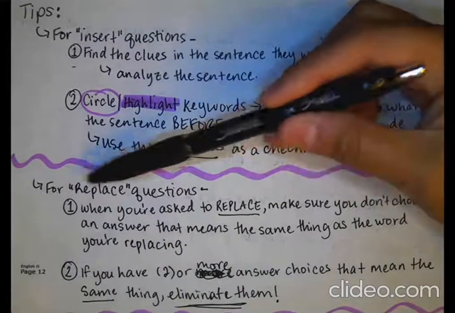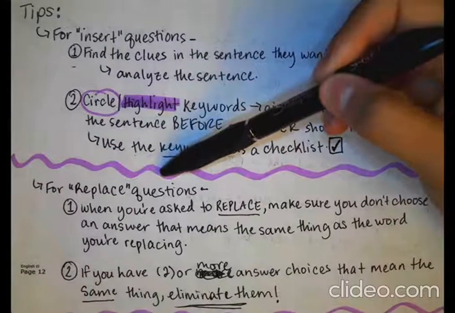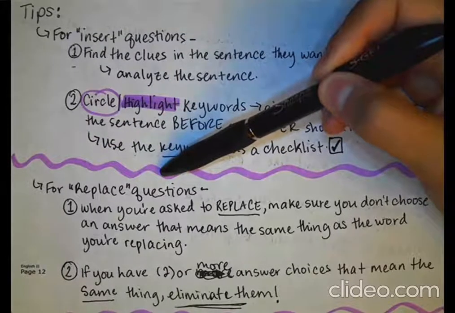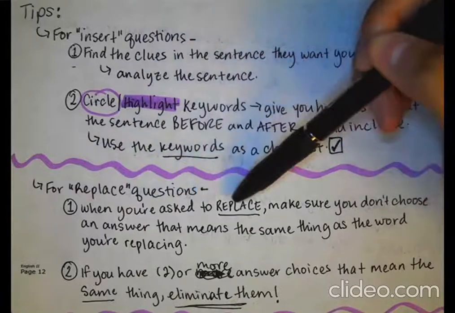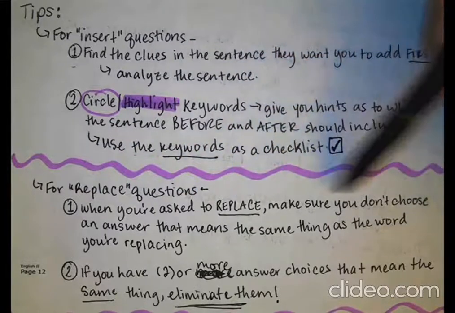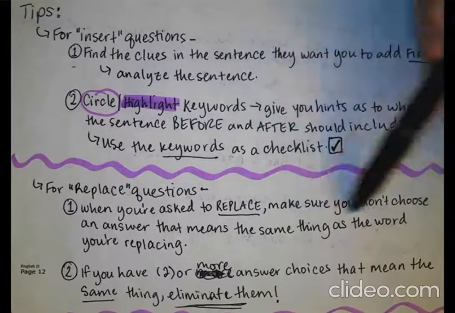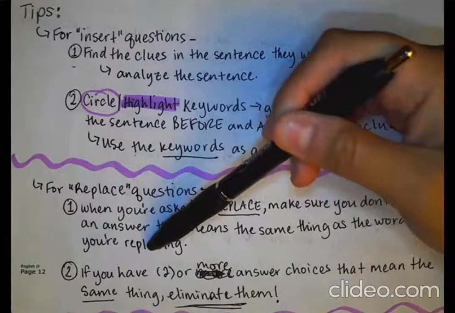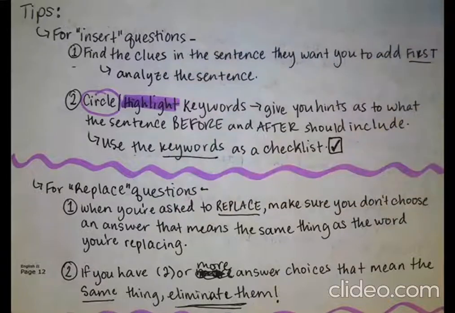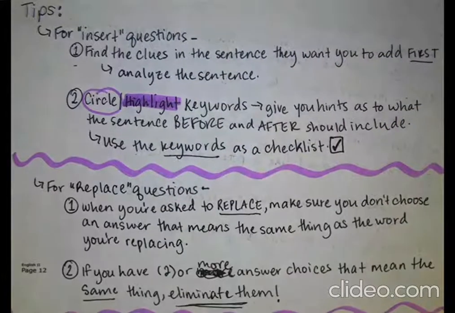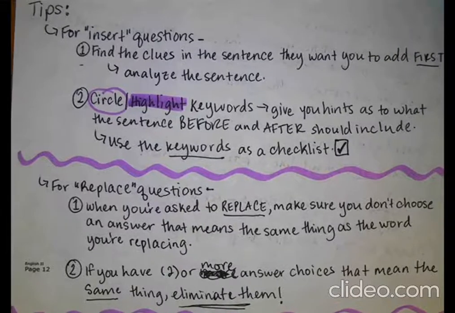So for replace questions, keyword replace, when you're asked to replace, make sure you don't choose an answer that means the same thing as the word you're replacing. So common sense logic tells us, if they're telling us furthermore doesn't work, I need to make sure I don't choose another answer choice that means the exact same thing as furthermore.